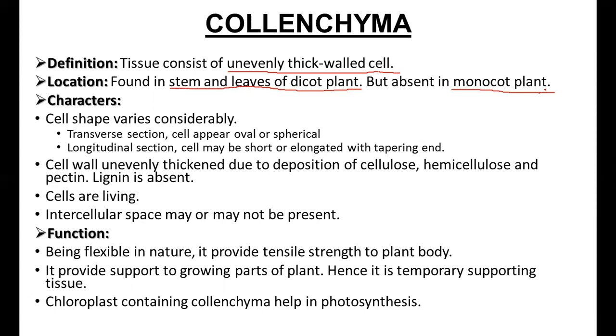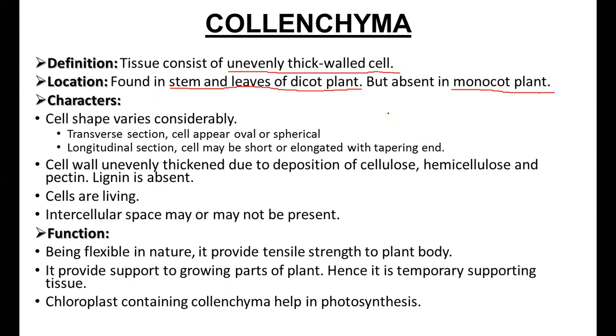And monocot plants are those type of plants which do not have the strength to stay straight. So collenchyma and sclerenchyma are both typically absent in monocot plants. They are present in dicot plants. So dicot plants have three types of tissue: parenchyma, collenchyma, sclerenchyma. But monocot plants mostly have only one type of tissue, parenchyma. When parenchyma becomes dead, they become dead tissue.